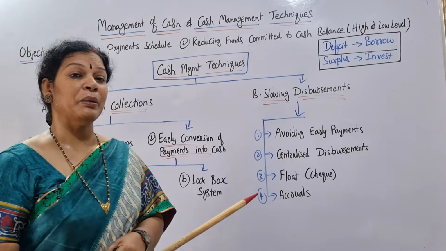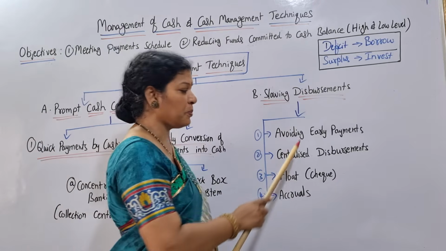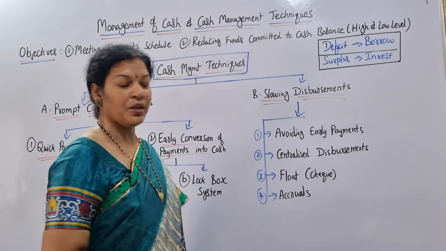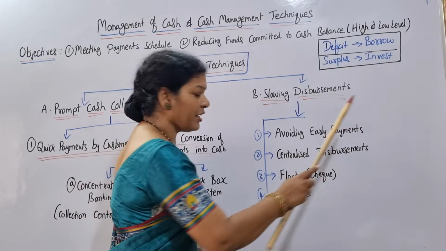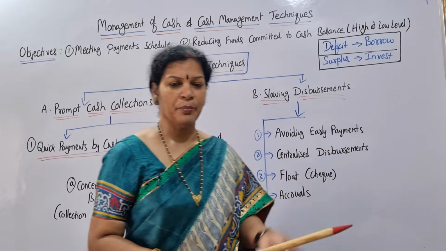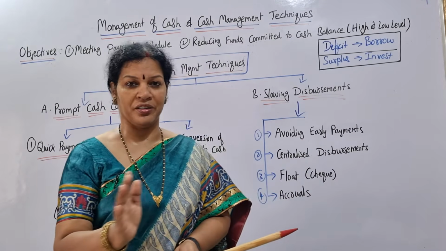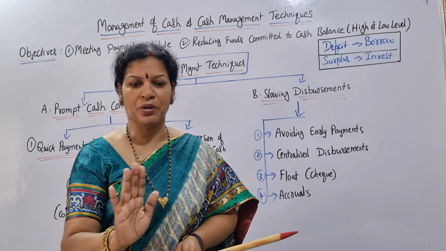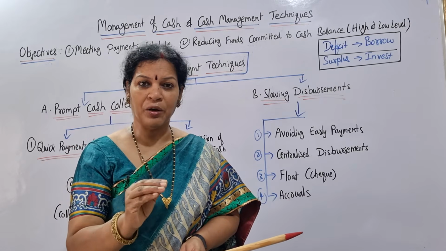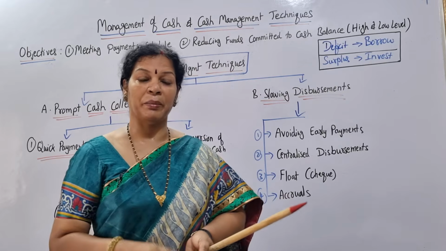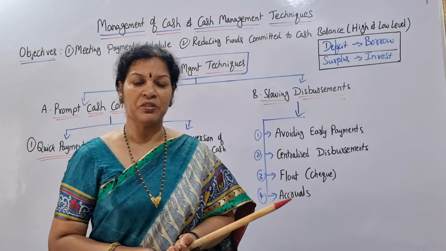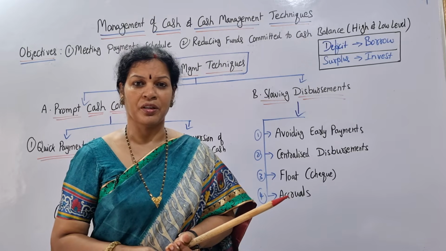So how can we slow the disbursement? There are 4 points. First point is avoiding early payments. If you have to make any early payment, avoid it. Focus only on the payments that are due.